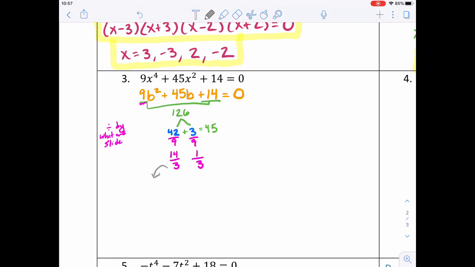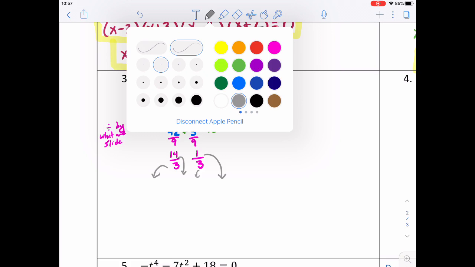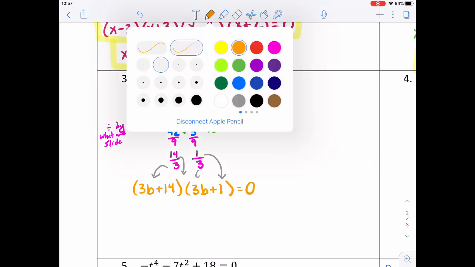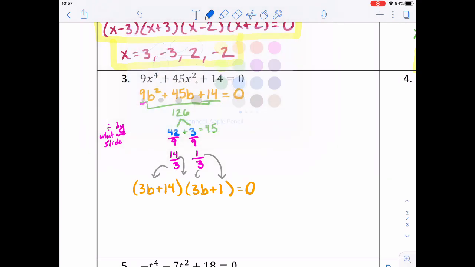My denominator goes in front, my numerator goes in back, and we write out our factors. Remember, my variable I'm using right now is b, so this becomes 3b plus 14, 3b plus 1. Now I need to go back. I need it in my original variable. So we need our original variable.